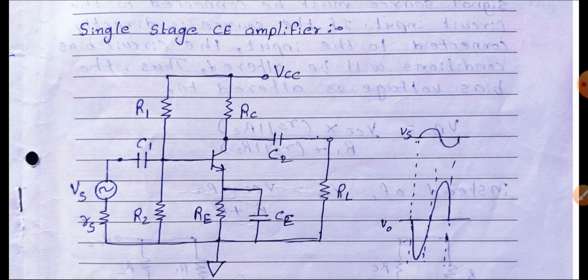In the last lecture, we have seen the circuit diagram for single stage common emitter amplifier. So in this, we have seen different biasing condition for a single stage CE amplifier and coupling capacitors and emitter bypass capacitors.